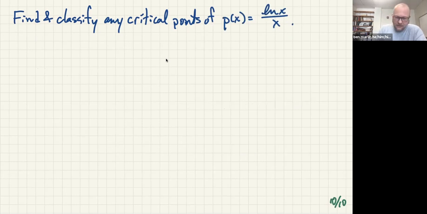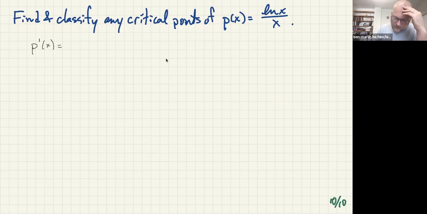All right, finally, we're doing this one where we're going to look at classifying critical points for log x over x. So that one, we will do p prime of x. Oh man, quotient rule.